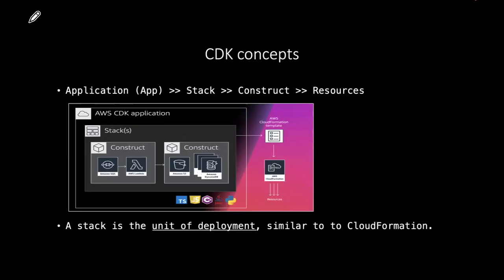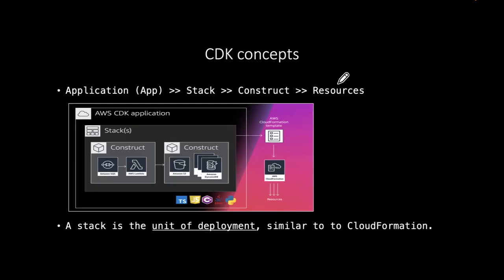And a CDK app is made up of one or more stacks. Stack is a term that you would have come across in the cloud architecture module last semester, those of you that did it. You would have come across it in the context of the CloudFormation service. A stack is made up of constructs, which is a CDK idea. And a construct then is made up of resources.